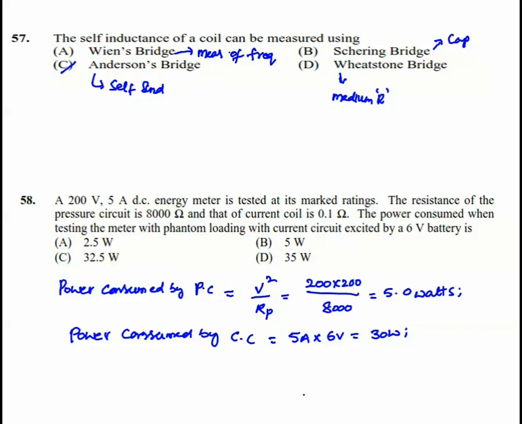So 5.0 here, and 30 watts. So total power consumed is equal to 30 plus 5, which is 35 watts, the answer. So the option here is D.